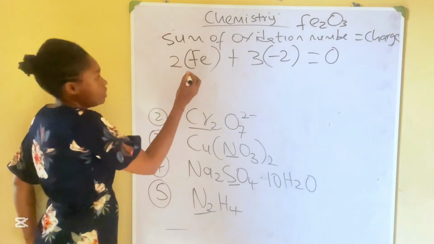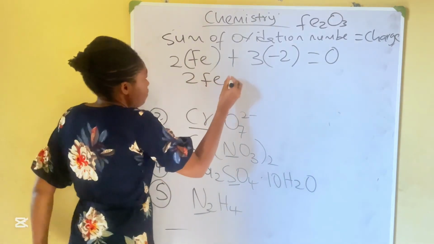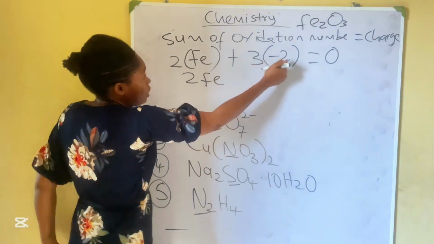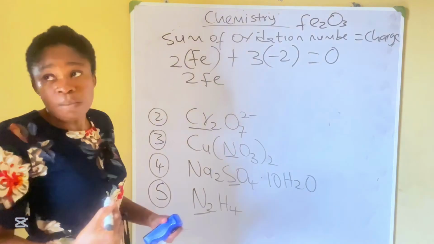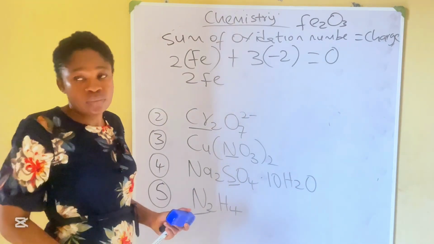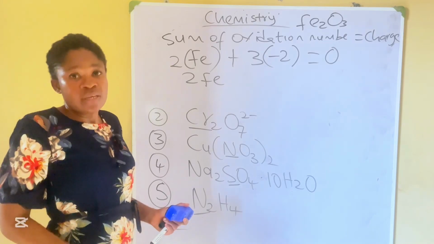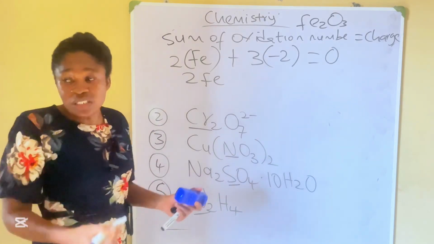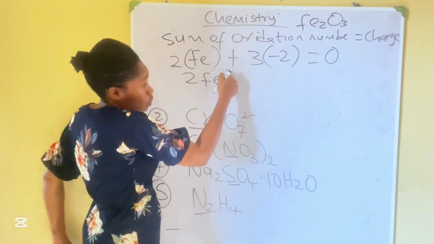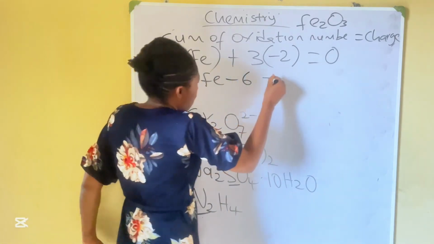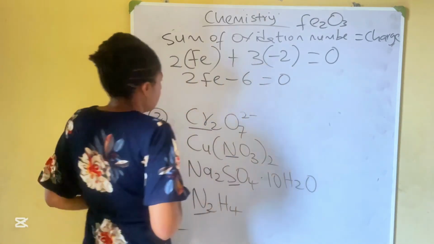So 2 times this will give us what? 2Fe. 3 times minus 2 is what? Minus 6. Three times minus 2 is minus 6. Minus 6 plus will give me what? Minus 6. And equals to what? 0.